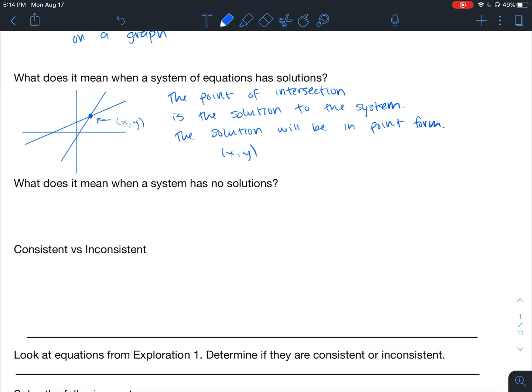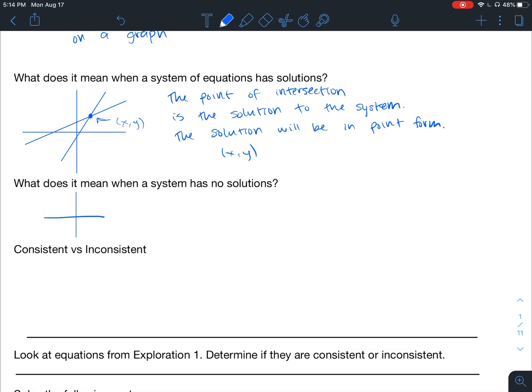Okay, so what does it mean if there is no solution? Because sometimes you're going to have two equations with no solution. If there is no solution, that must mean that the two lines do not intersect, which would mean that our equations have the same slope.